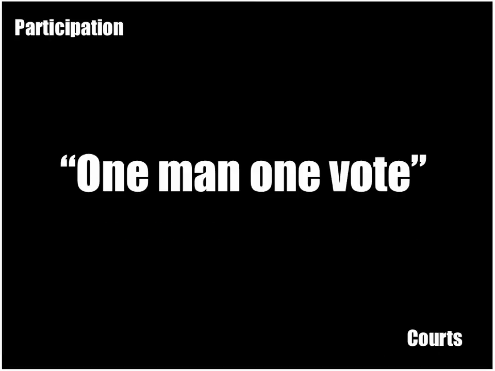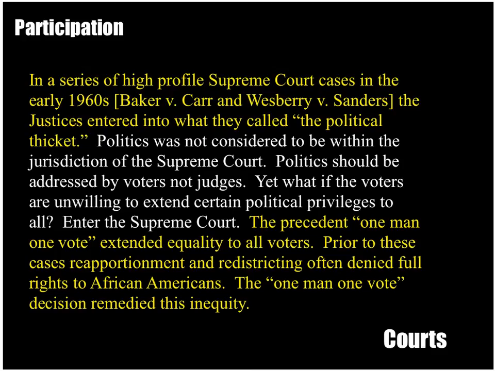One man, one vote. In a series of high-profile Supreme Court cases in the early 1960s, Baker v. Carr and Wesberry v. Sanders, the justices entered into what they called the political thicket. The precedent, one man, one vote, extended equality to all voters.